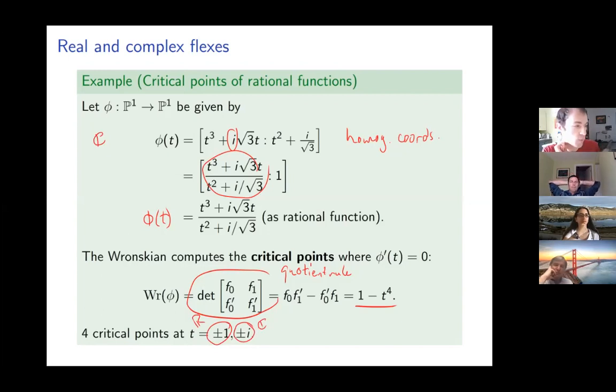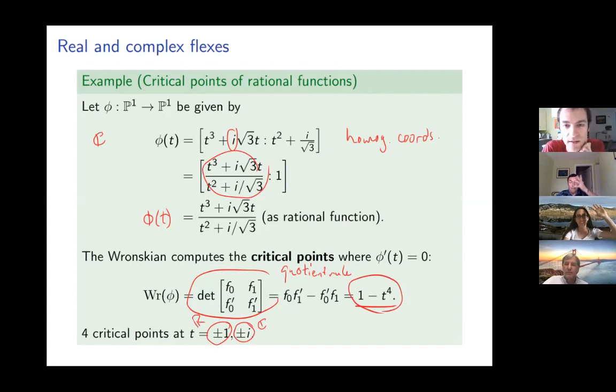And I'm pointing this out because the Shapiro-Shapiro conjecture will have to do with real and complex valued points in algebraic geometry. And all the different possibilities can happen here. If we start with the rational function defined over R, then at the end we still have to solve some polynomial. And so even if we start with something that started out as real, we may get a mixture of real and complex points.